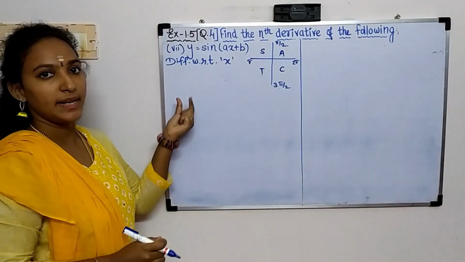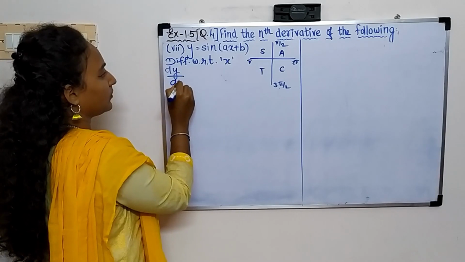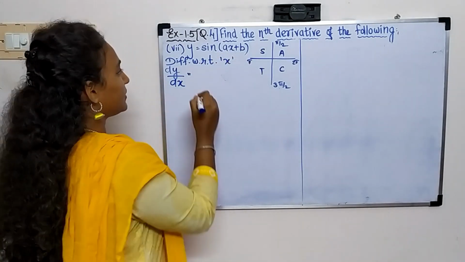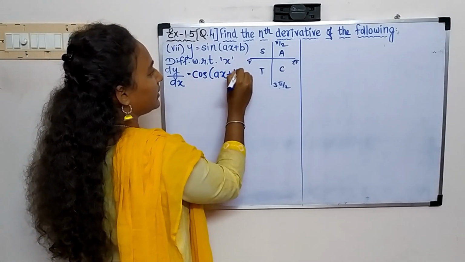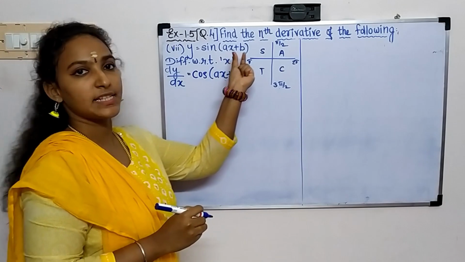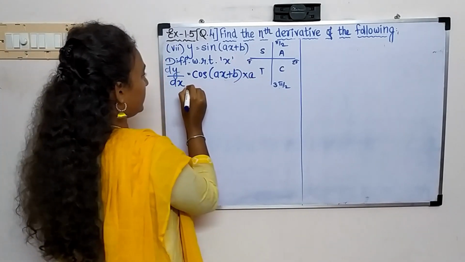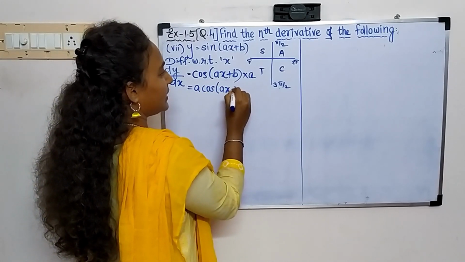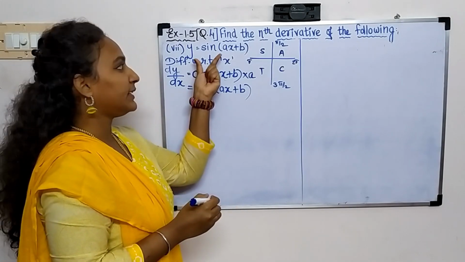Okay, so dy by dx will be derivative of sine x is cos x. So cos ax plus b into the derivative of ax plus b, that is nothing but a. So we have a cos ax plus b. But to follow the pattern we need sine.